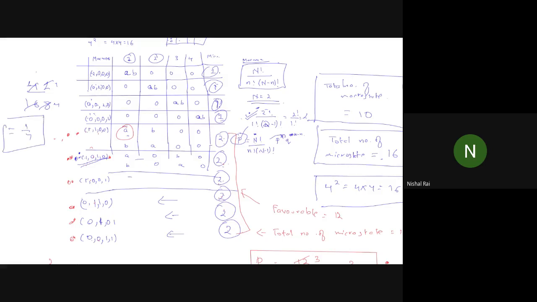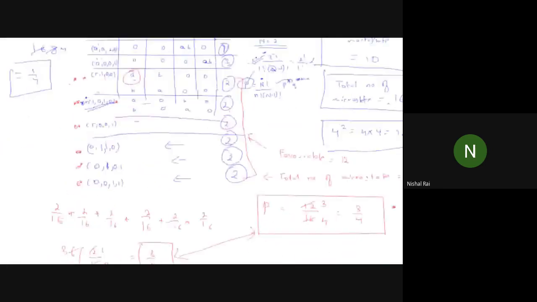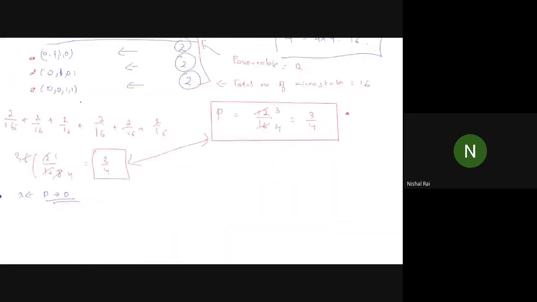Now, if you add total probability, this was particles being in one of the boxes, and this was all the particles being in one of the boxes. How much will you get? 4/4, which is basically 1. Can you see your total probability is also conserved?